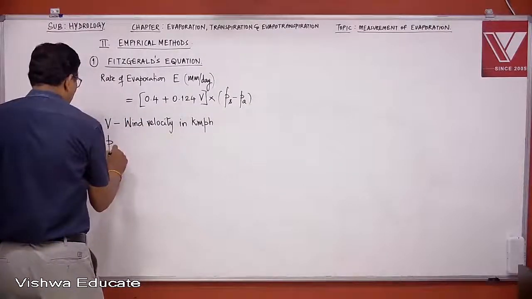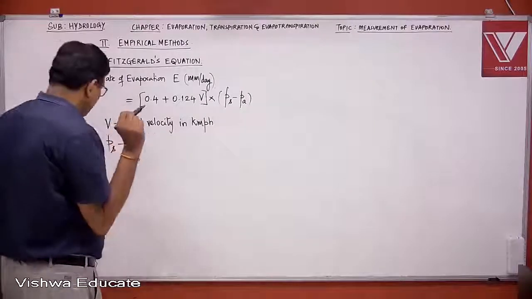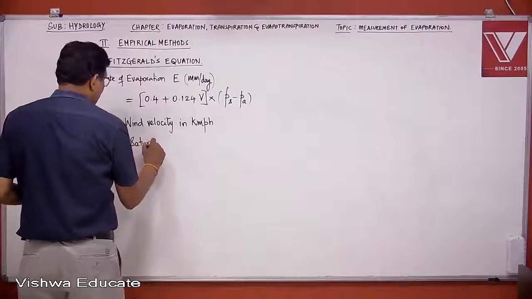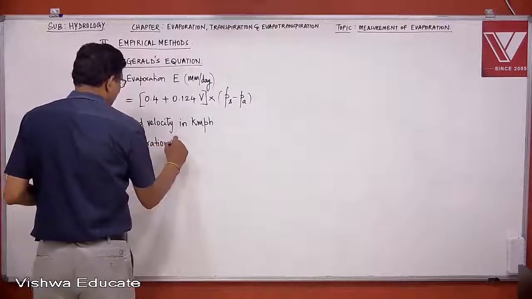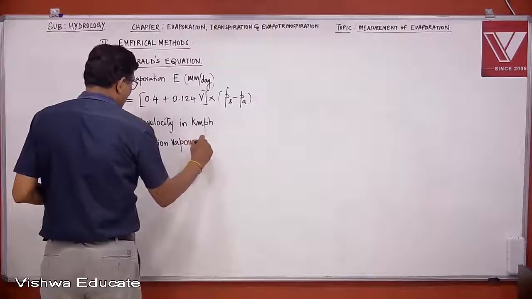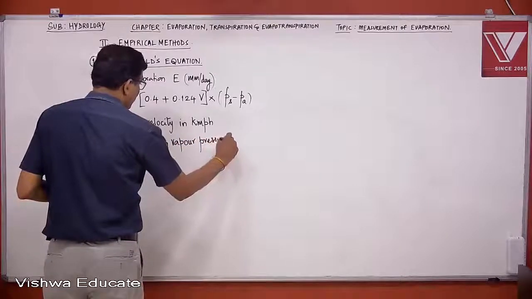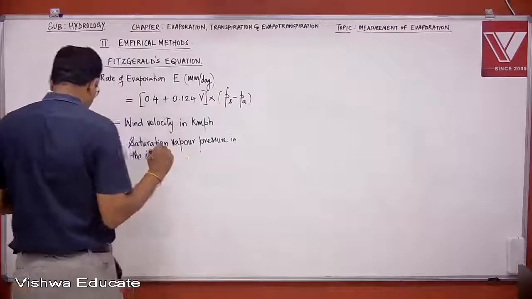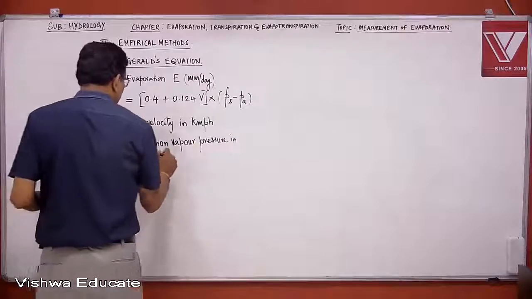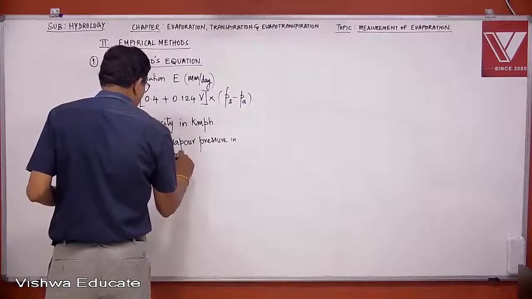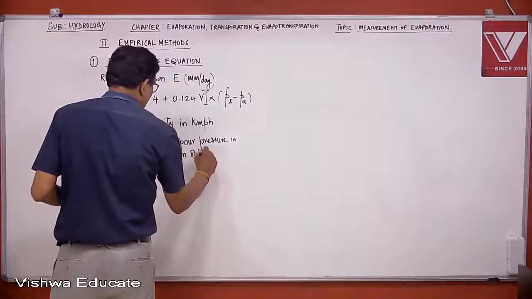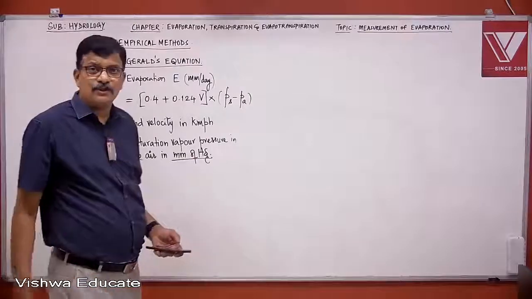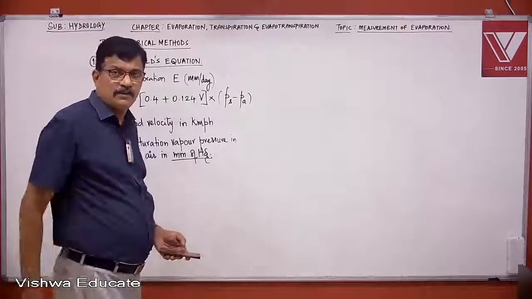This PS in the equation is the saturation vapor pressure in the air in millimeters of mercury, because pressures are always expressed in terms of millimeters of mercury.